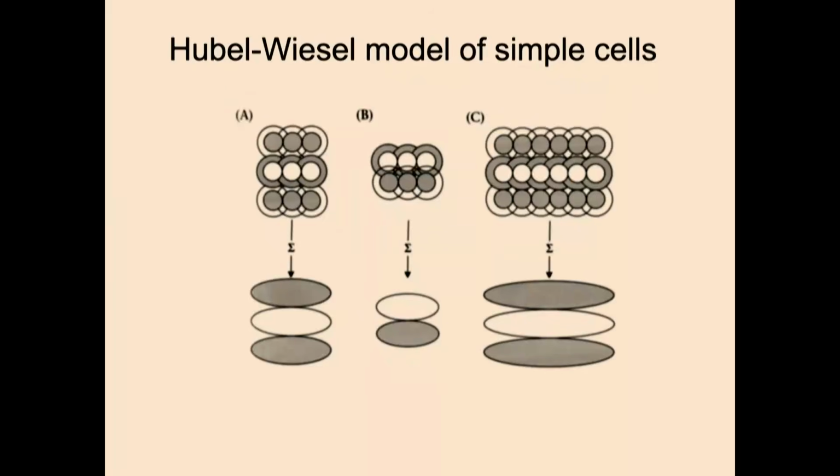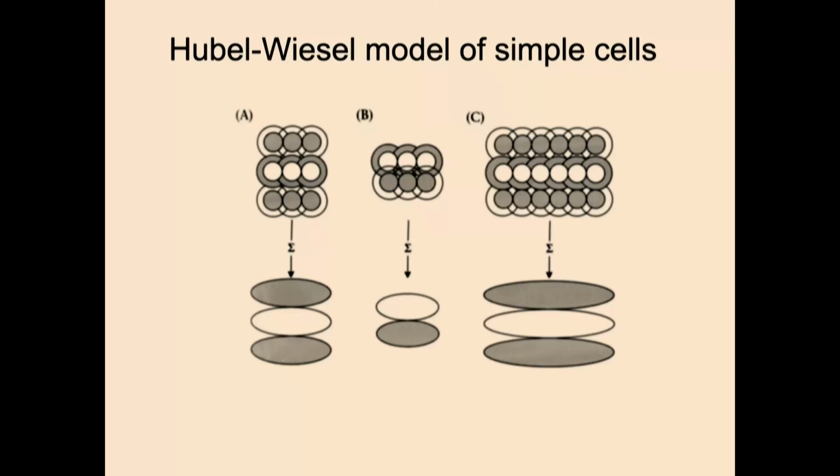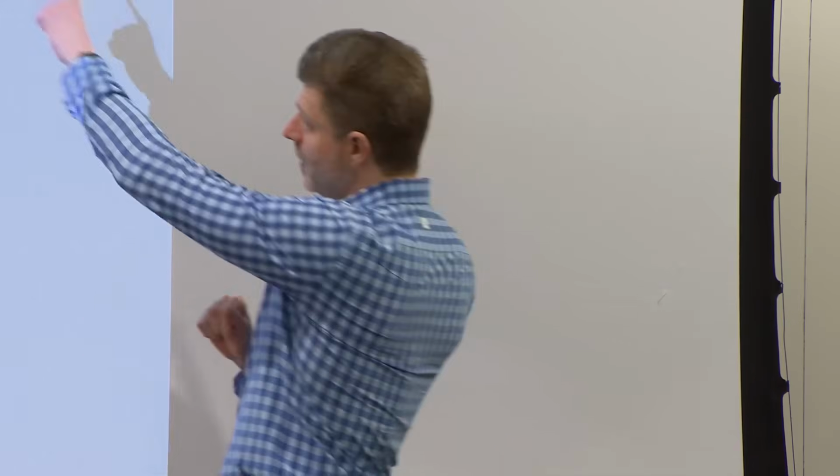Hubel and Wiesel also had a fairly influential proposal for how you would build a neuron with this type of orientation selectivity. So remember, primary visual cortex gets its input from the LGN. In the LGN, you have center surround receptive fields, just like you have in the retina. The idea is that you could create an orientation selective neuron by setting it up so that it would get inputs from a set of neurons that have center surround receptive fields that are spatially arranged in an organized way.